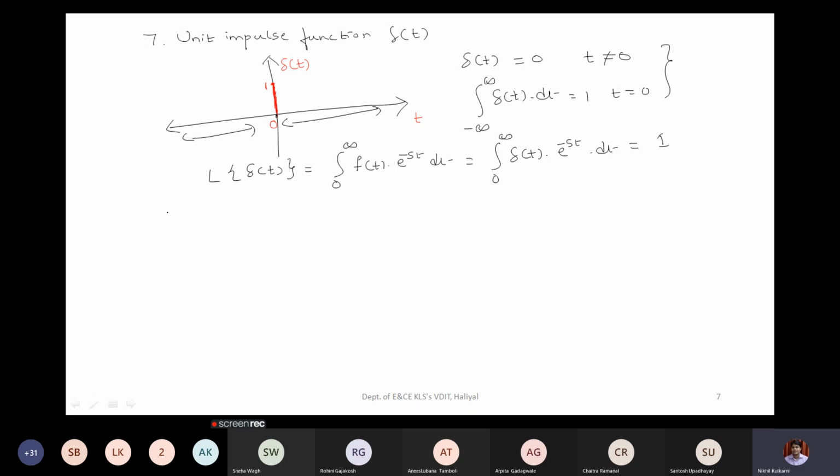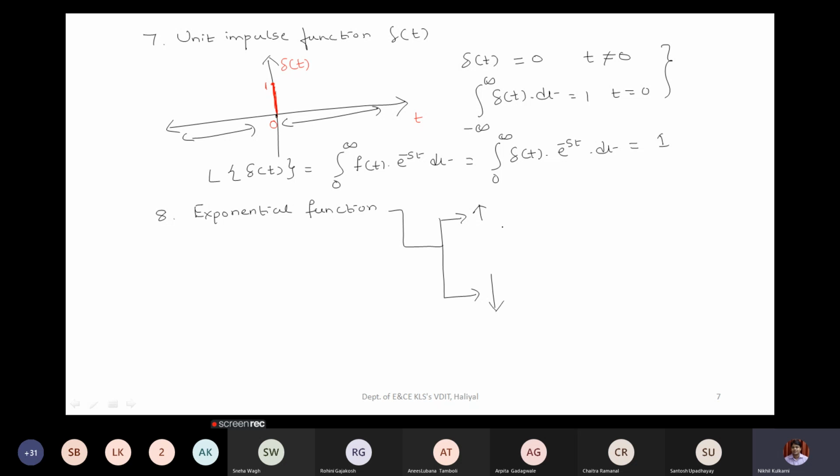Now the eighth one, which is very important here, is the exponential function. Usually we have two kinds of exponential function, one which is increasing with time and one which is decreasing with time.